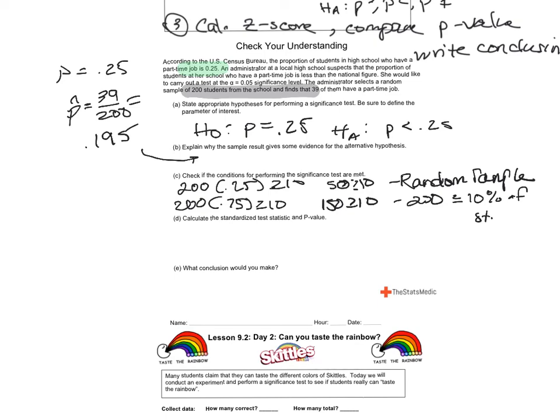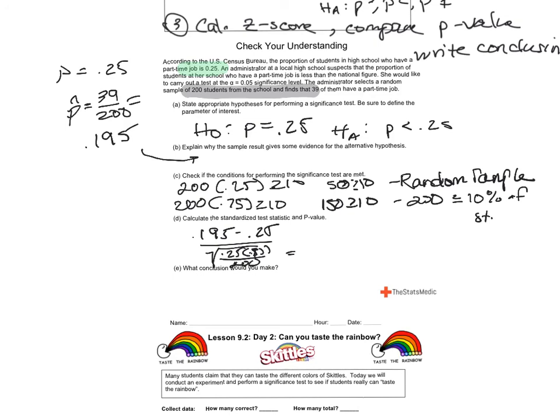Calculate the standardized test statistic and p-value. 0.195 minus 0.25 over the square root of 0.25 times 0.75 over 200. That was a mess. I apologize.